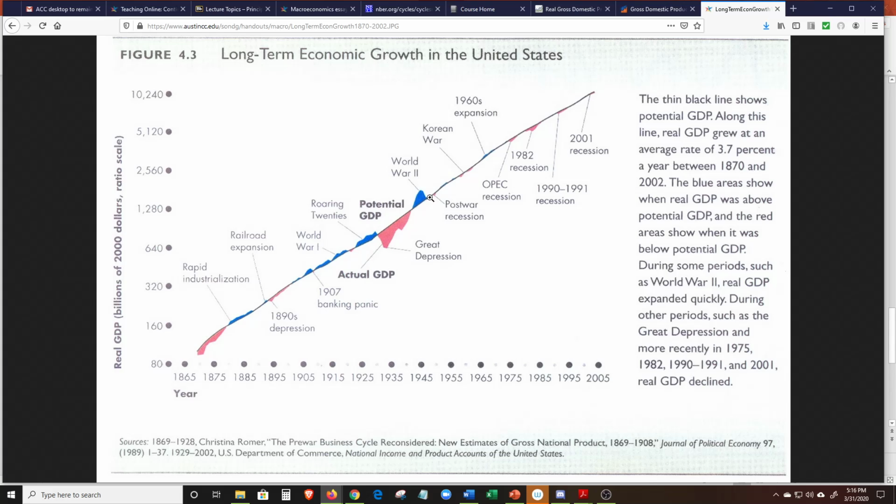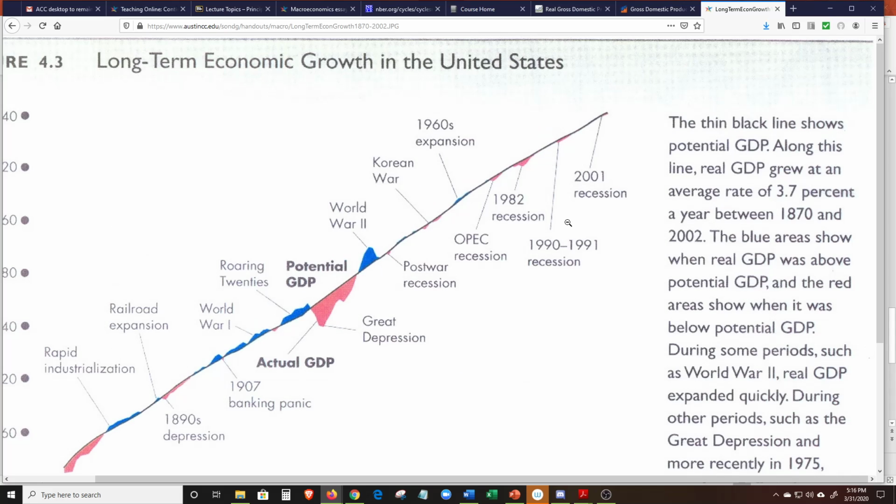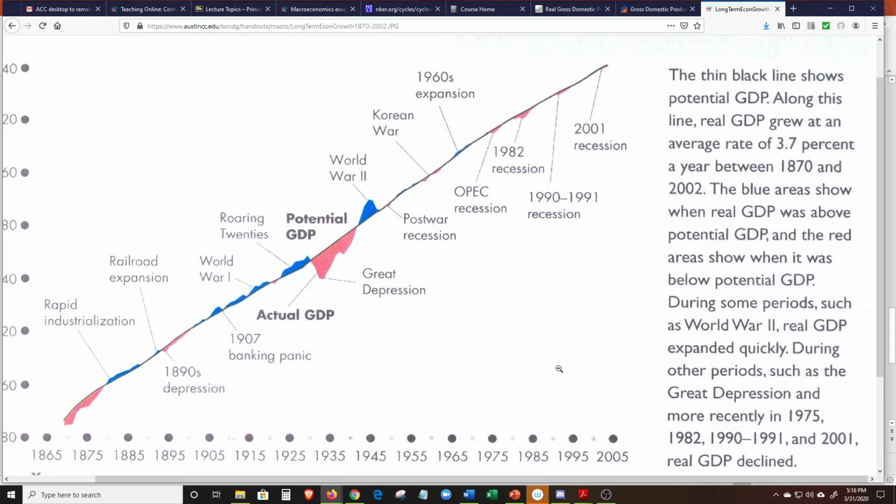So you can see the black line is a growth trend. Let's just expand it here. And this goes from right after the Civil War in the United States all the way to here. And you can see this red is the Great Depression. And they call the growth line the potential GDP, and actual GDP follows these lines like this.